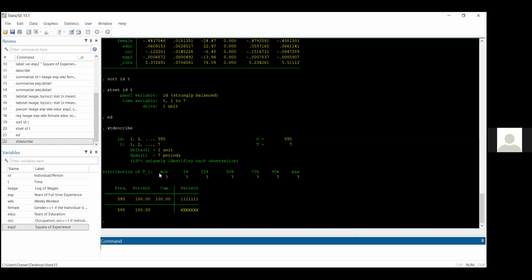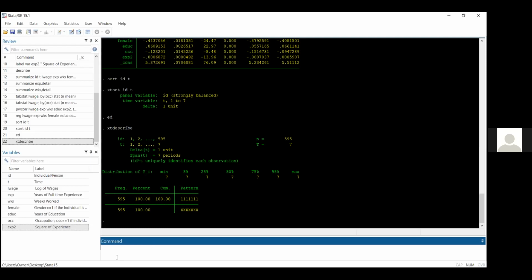The distribution over time, 7, 7, 7, 7, is constant between minimum and maximum time periods. For cross-sectionals, we have 595 individuals, which is still the 100% that we had before.